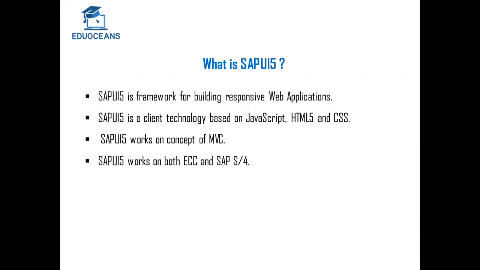ECC and S4 HANA are the latest ERP SAP systems, where whatever services are provided from the systems can be consumed by the SAP UI5 application. That's why SAP UI5 works with both of these ERP systems, in order to provide better application data on the UI level.